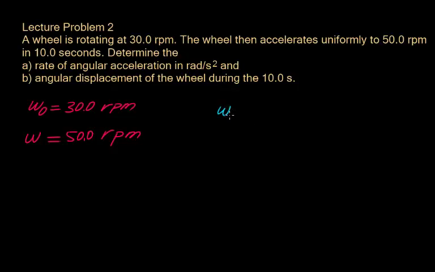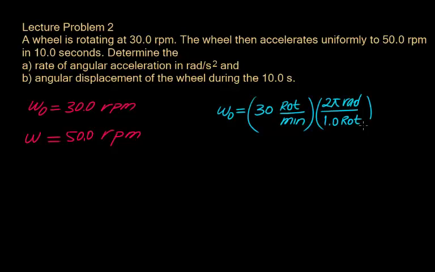First, omega 0 equals 30 rotations per minute. We know that one rotation equals 2 pi radians, and 1 minute equals 60 seconds.